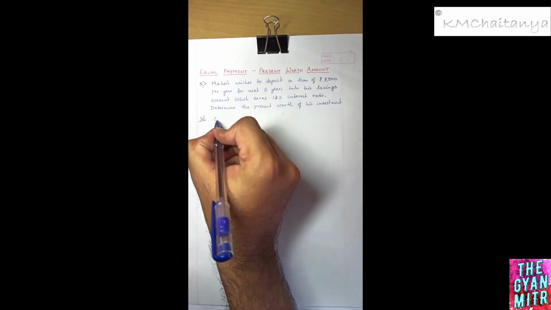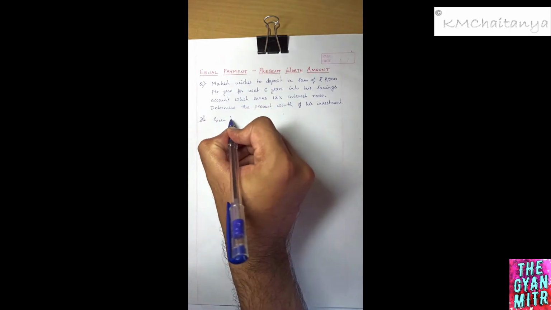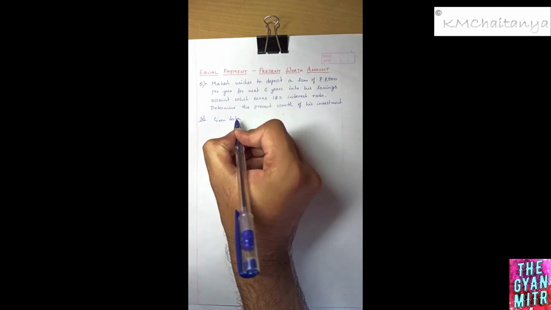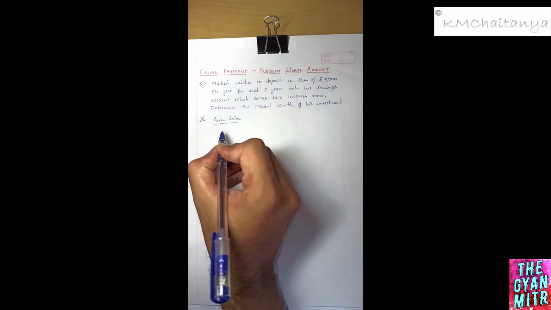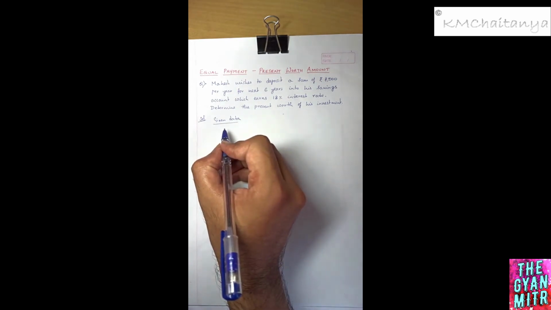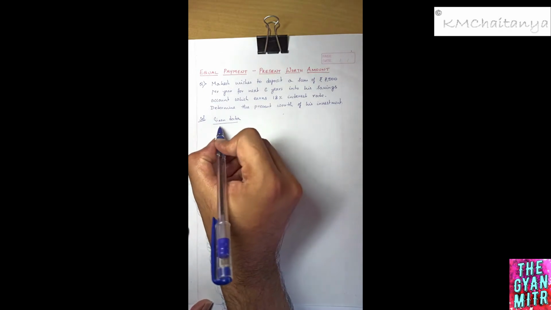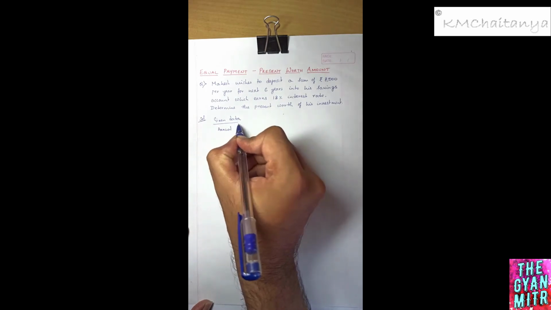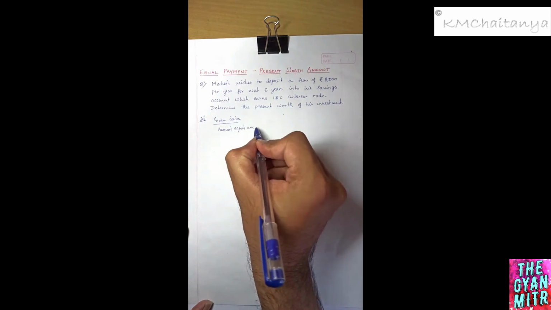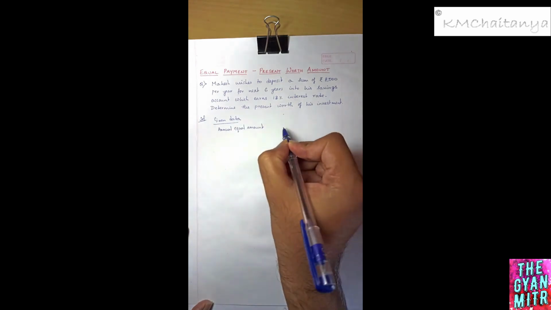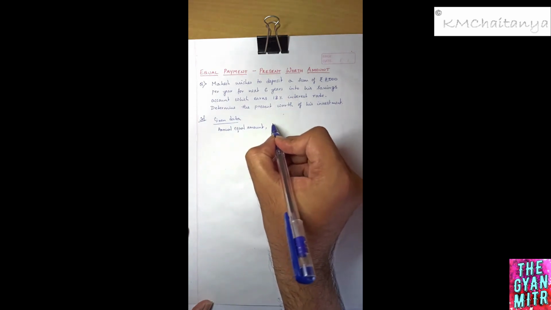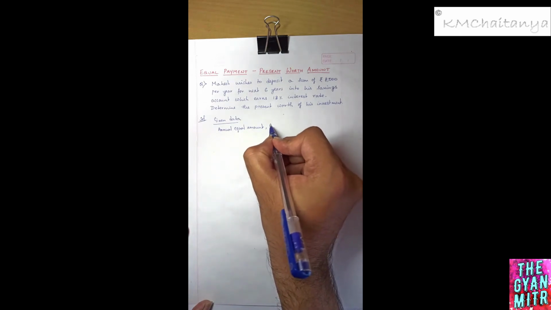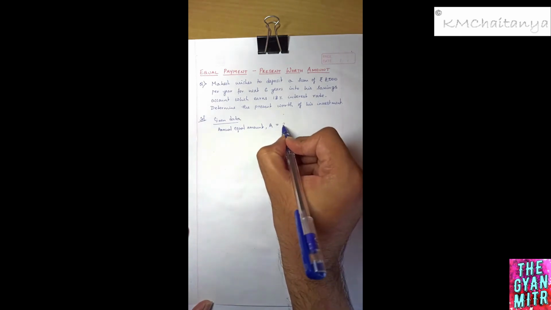Given data: annual equivalent amount, which is the annuity denoted as capital A, is equal to rupees 8,000.